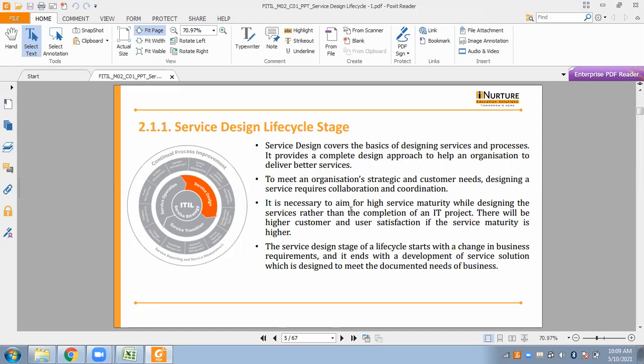It is necessary to aim for high service maturity while designing services rather than just the completion of an IT project. There will be higher customer and user satisfaction if the service maturity is higher. Finally, the service design stage of a life cycle starts with a change in business requirements and ends with development of a service solution designed to meet the documented needs of the business.